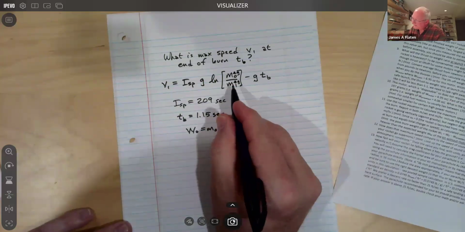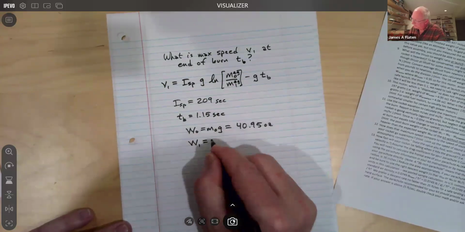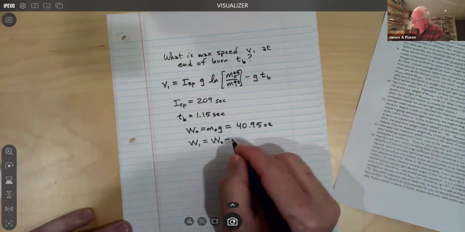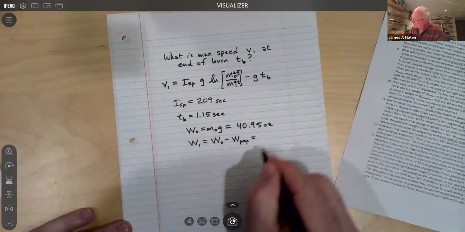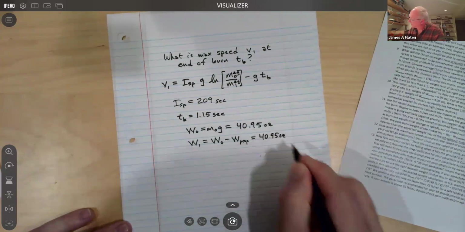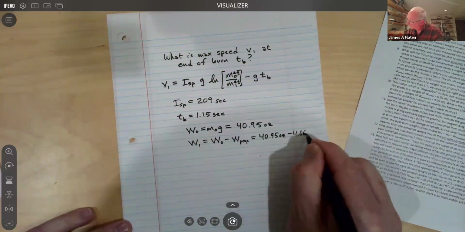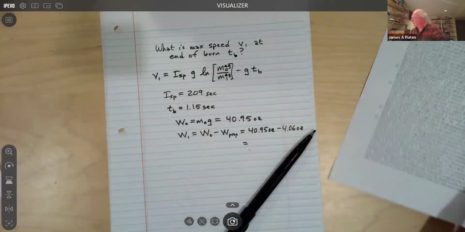Then the weight after we have burned is equal to the weight before minus how much we burned, which is the weight of the propellant. The weight of the propellant is stated in the problem set as 4.06 ounces.